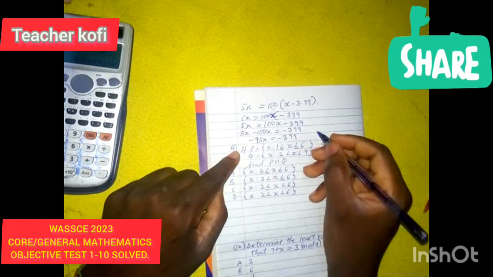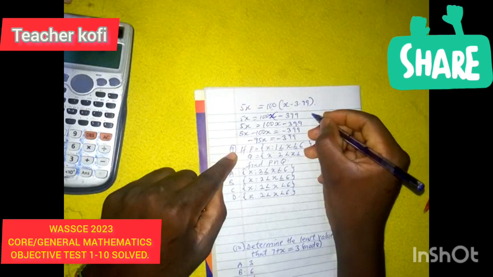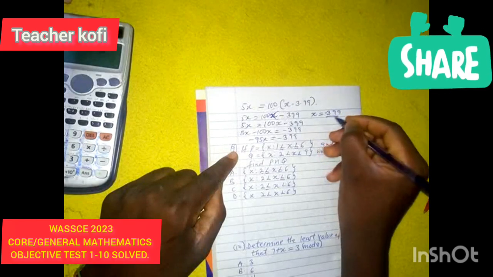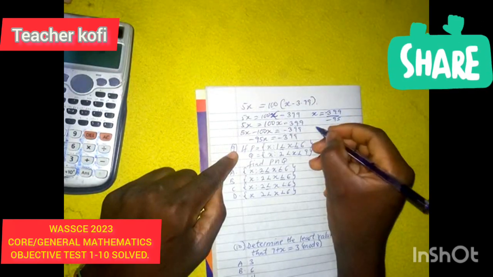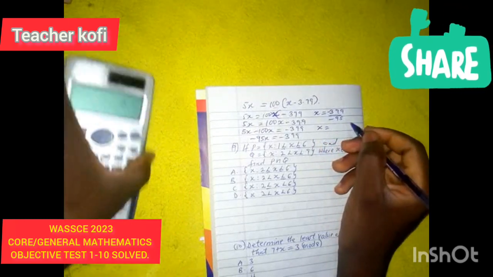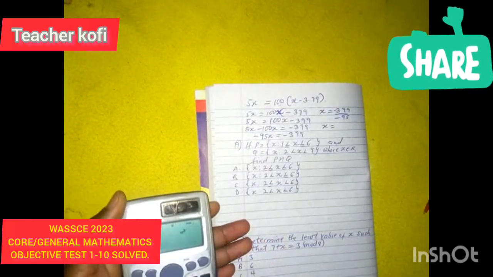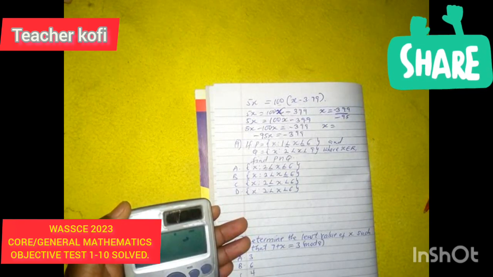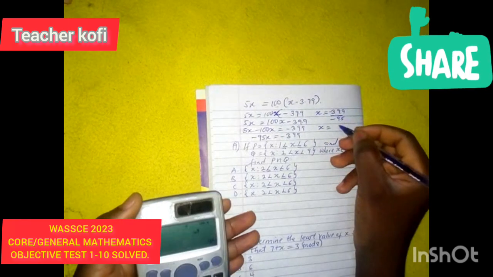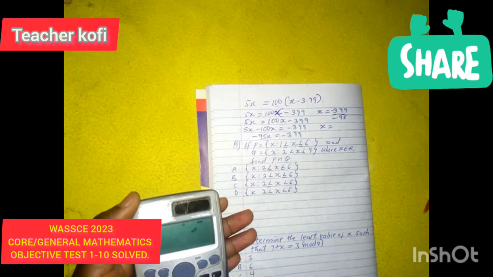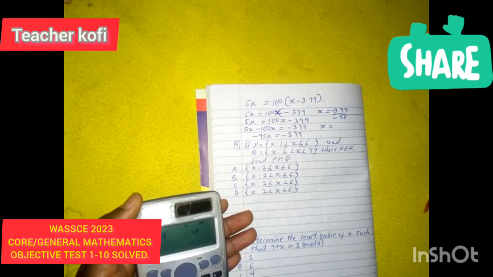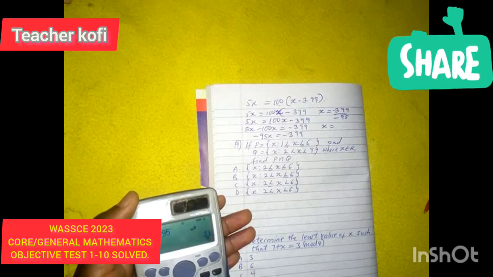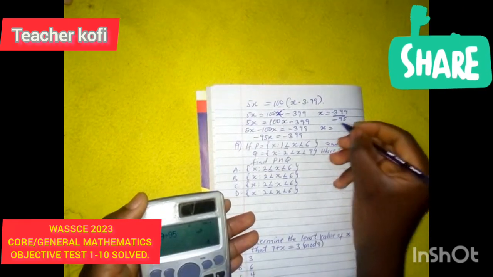So divide both sides by minus 95. So it will be x equal to 399 out of minus 95. So x equal to 399 out of 95, which is 399 divided by 95, which is 4.2.